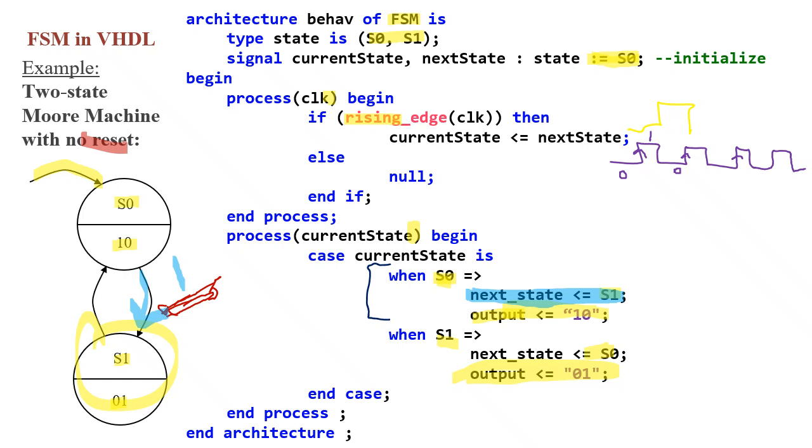Sometimes the next state updates conditionally based on a specific value of the input. If that's the case, you will see a value on top of the arrow, and that means you will have to modify the code to include an if statement right here. Based on the inputs and the current state, you're going to update the next state.